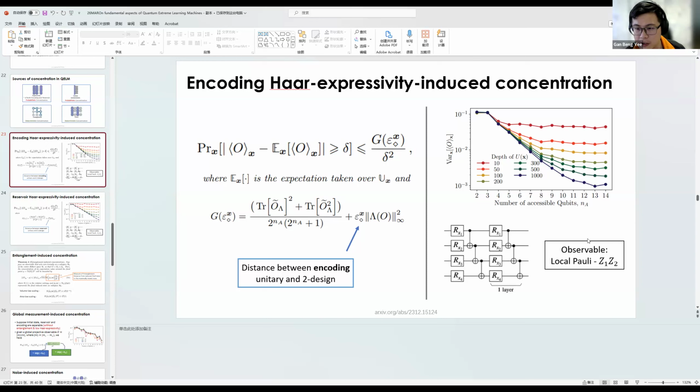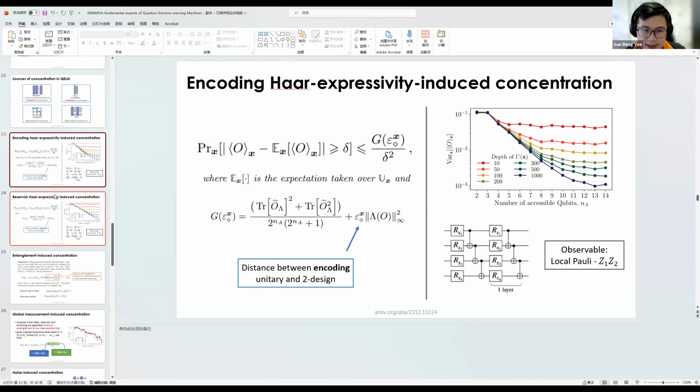For the extreme case, 14 qubits at depth 1,000, it takes about 1 hour per evaluation. Am I correct? Yeah, I guess so. Okay, that's reasonable to some extent. Got it.